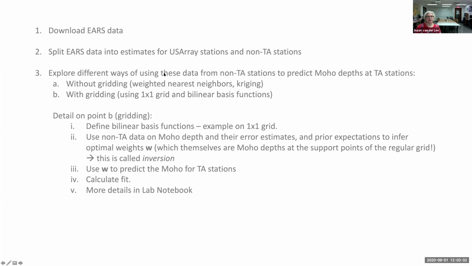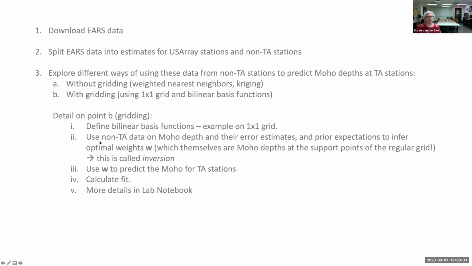Then we're going to explore different ways of using these data to predict the Moho depths. First, without gridding, and you're not going to do kriging because you did that last week, but we're going to do the weighted nearest neighbor averaging on a regular grid. And then we're actually going to use gridding using an inversion, using bilinear basis functions and a 1 by 1 degree grid. So the detail on point B, which is the focus of this lecture, is we're going to define these basis functions.